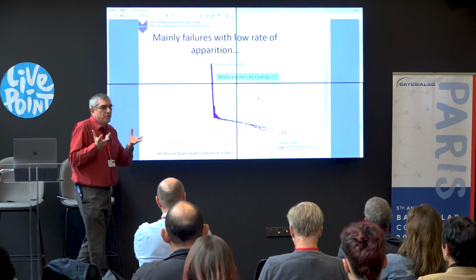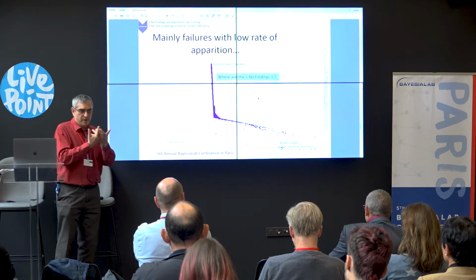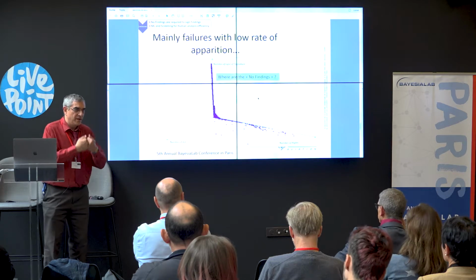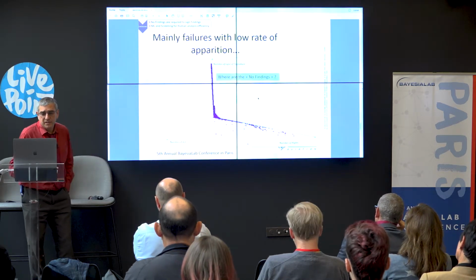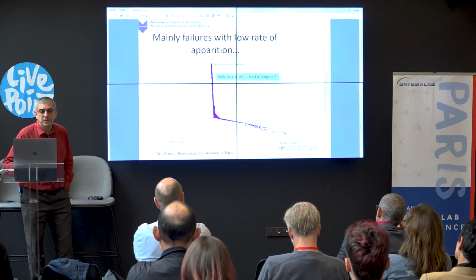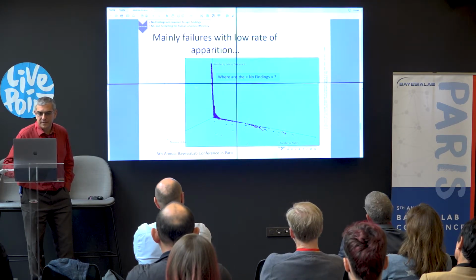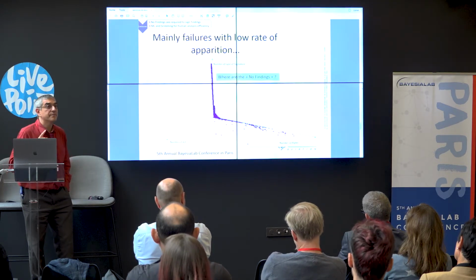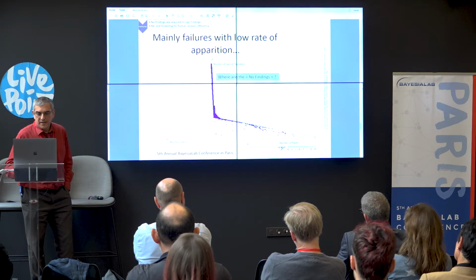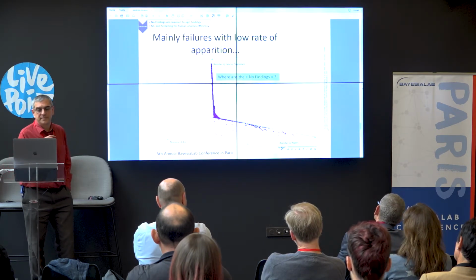But I have said to you that we have recorded the faults from the Rafale, and we have the failures. In this chart, we have not the number of faults, but the number of types of signatures. Here you have the number of aircraft, and here the number of flights.